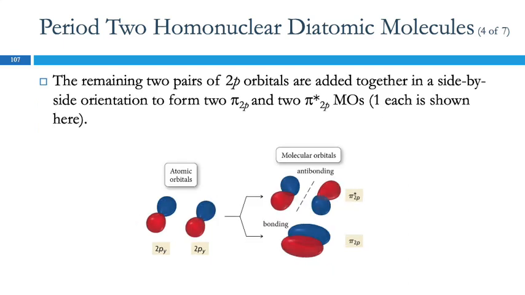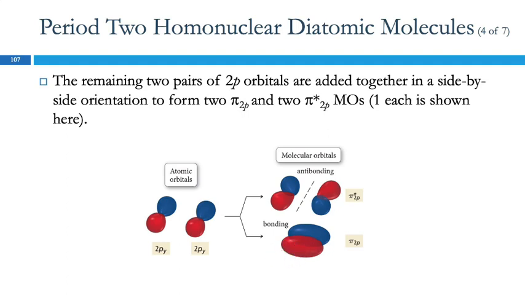What about the others? So we have another pair of orbitals that are in the y-axis, okay? Those can overlap in a positive or a negative way as well. So here they're shown with their phases matching, right? So we've got the blue in the back and the red in the front. When these combine together, we're going to get one big bulgy thing in the back that has a positive phase, and one big bulgy thing in the front that has a negative phase.